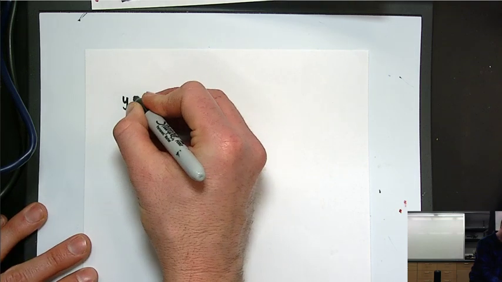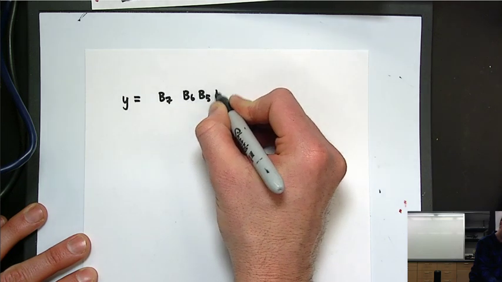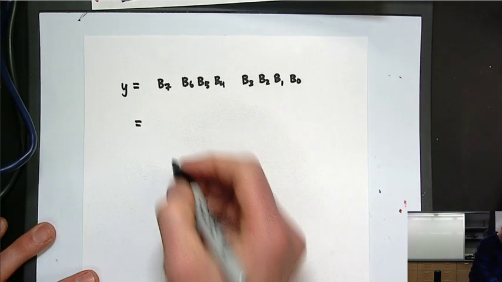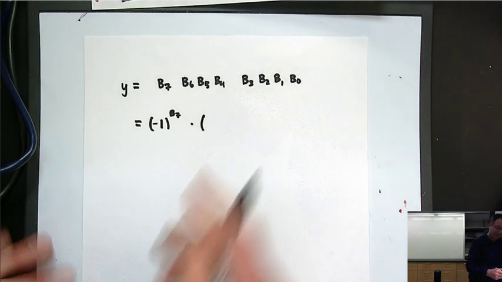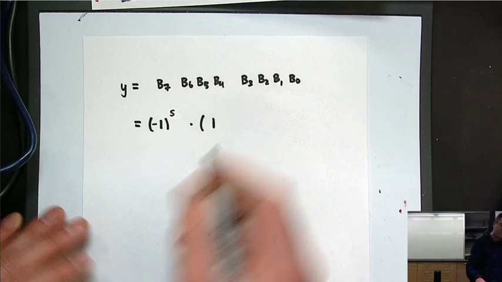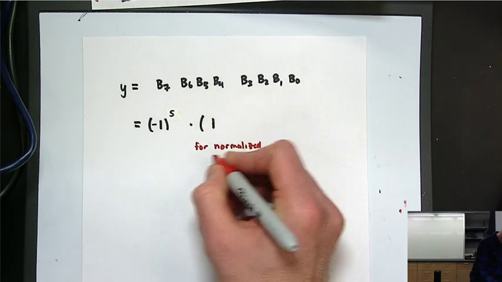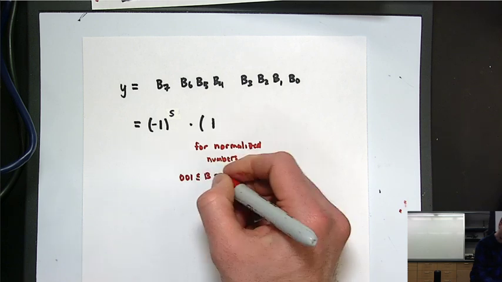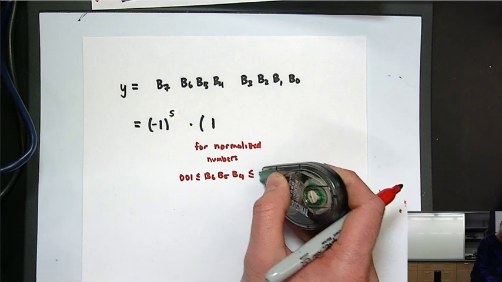And then what I want to say is that if we look at y equal to this raw bit string, B7, B6, B5, B4, B3, B2, B1, B0, we're going to call this -1 to the B7 times, kind of a nasty looking notation, -1 to the S times, for normalized numbers, normalized means literally that the exponent field is between these values.